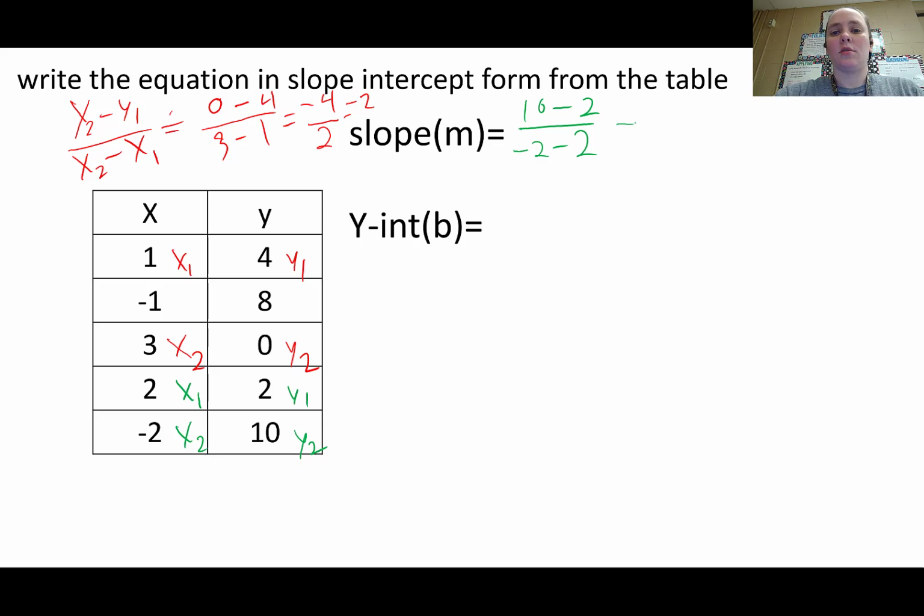Well, 10 minus 2, that's 8. Negative 2 minus 2 is a negative 4. 8 divided by a negative 4 is a negative 2. Sorry, I forgot to write my negative over there. So I came up with the same answer for both. So it works, okay?